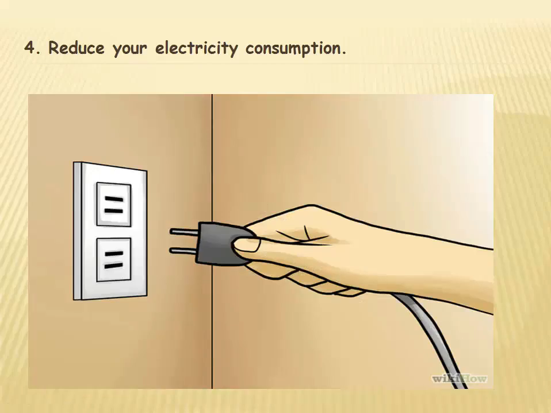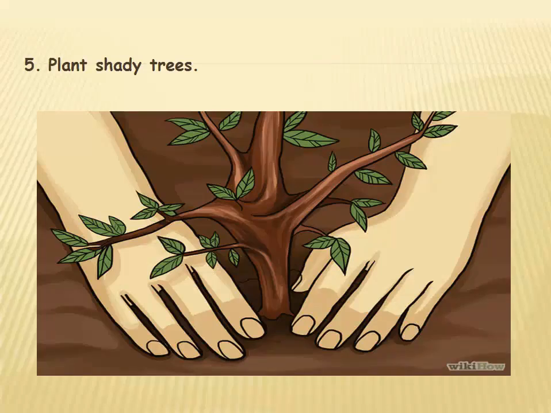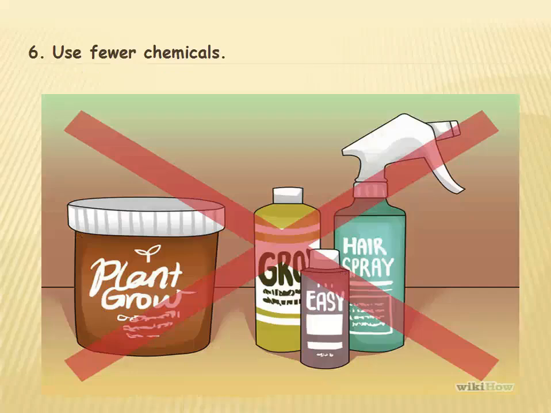reduce our electricity consumption. We should construct buildings so that maximum light can enter and we don't need any light source. Then plant shady trees which reduce the heating up of the earth. Use fewer chemicals.